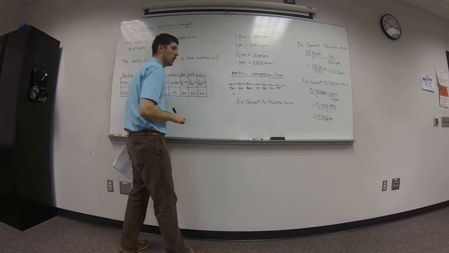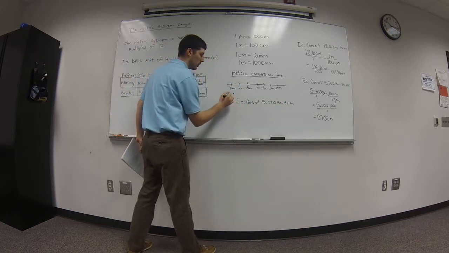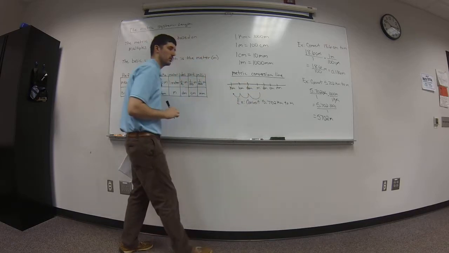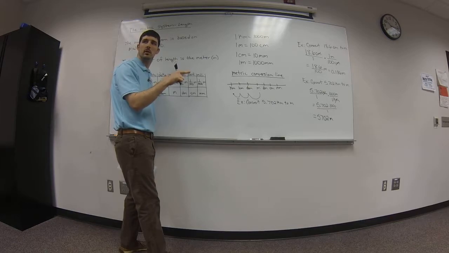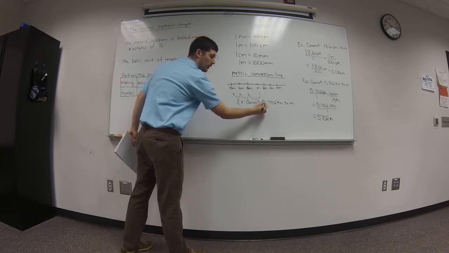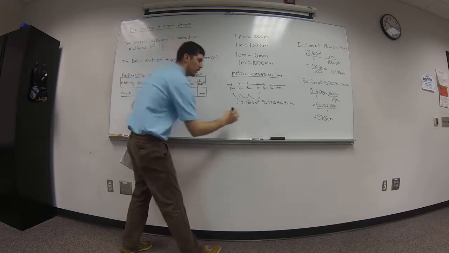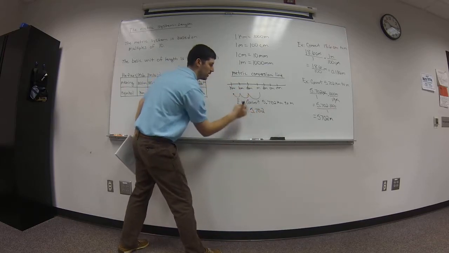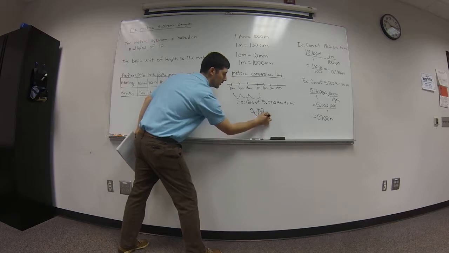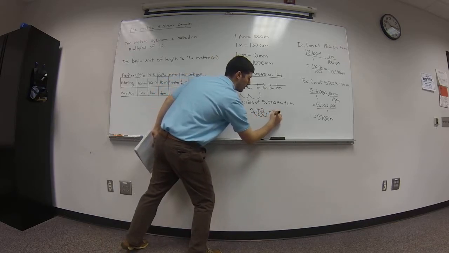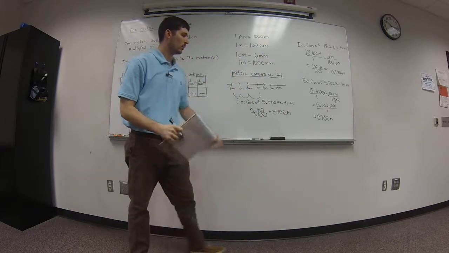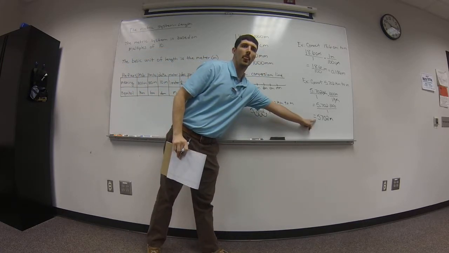Now I just got to go to meters. In order to get to meters, I move 1, 2, 3 places to the right. What that tells me is that's what I do with my decimal in my problem. So 5.702, I'm going to move it 3 places to the right, and my answer becomes 5,702 meters, which is the same thing we get over here.